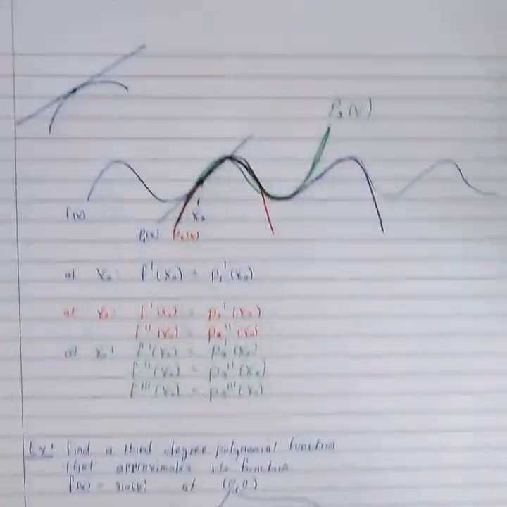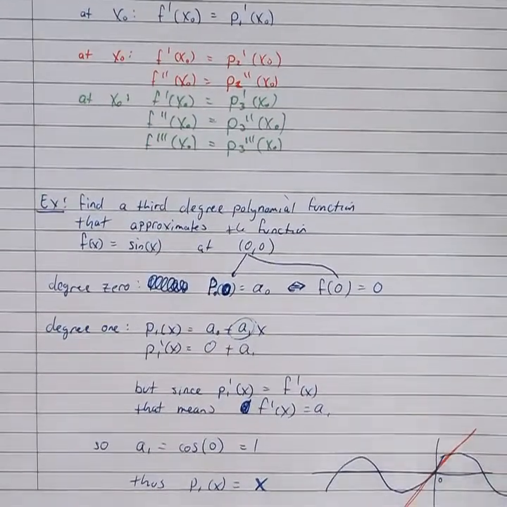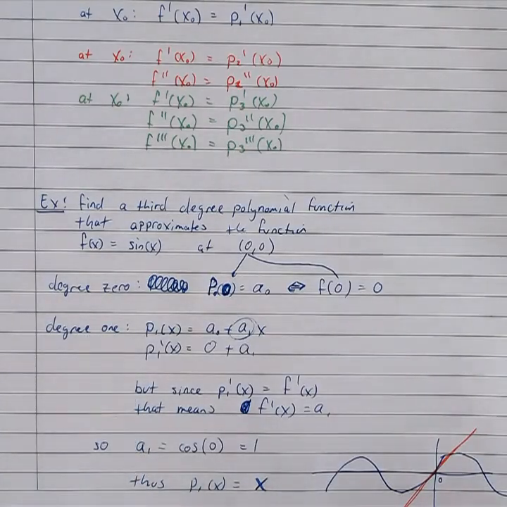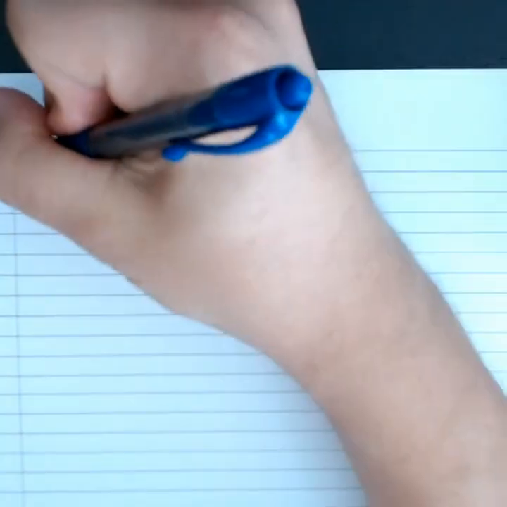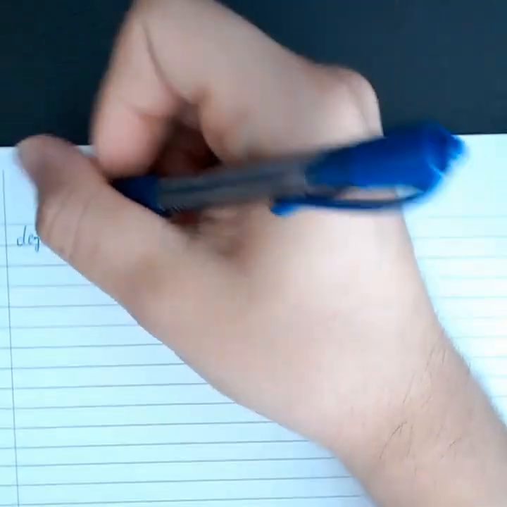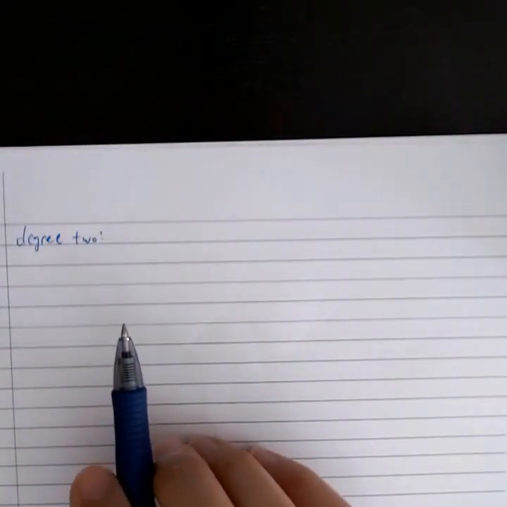So let's consider a polynomial approximation of degree 2 now. This is the polynomial approximation of degree 1. Let's take a look at a polynomial approximation of degree 2. Again, normally the problems aren't this long, but here I wanted to extend it to show you a few different examples using the same function, but also to show you where these numbers are coming from in the first place.